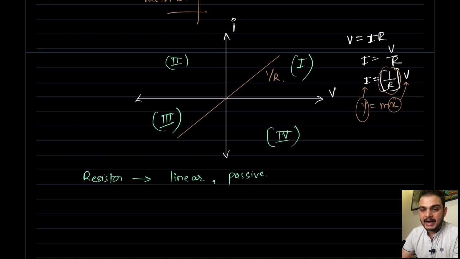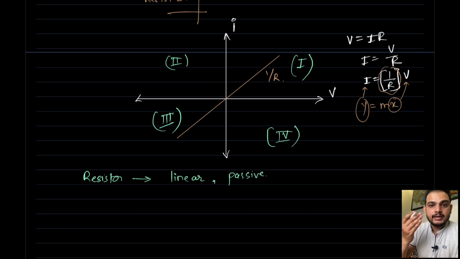The resistor is also a bilateral device, because it is independent of the direction of the current. For example, a diode is a unidirectional device, because only if current flows in one direction will my diode work. If current flows opposite to the direction of the diode, it will not conduct, it will get reverse biased. But that is not the case for a resistor, inductor or capacitor.